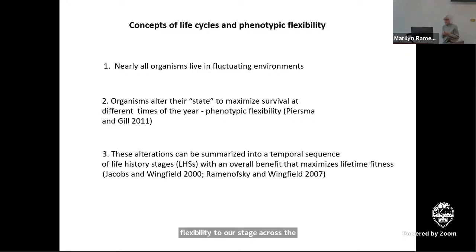And then we've taken these ideas further, and we're saying that these alterations can be summarized in a temporal sequence of life history stages with an overall benefit that maximizes lifetime fitness. And this has really helped us to create a concept of migration that we can then go in and test.